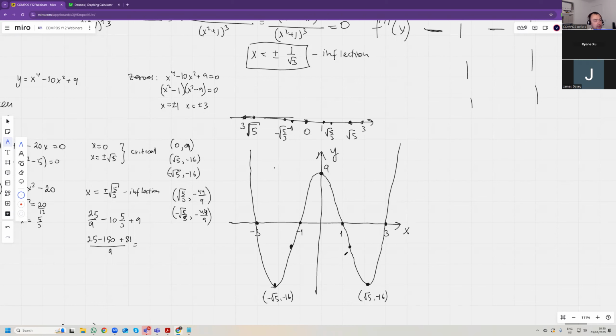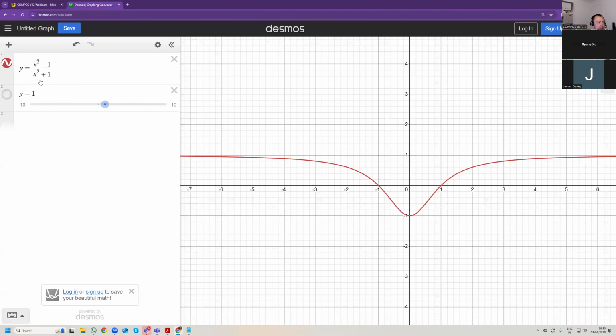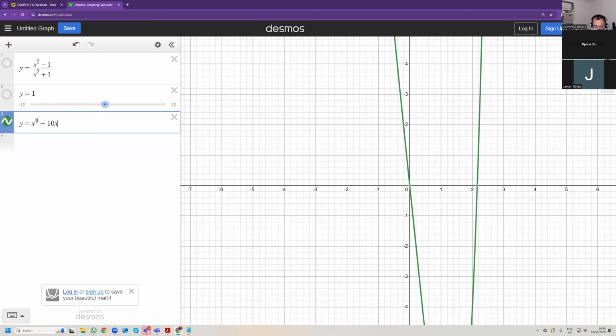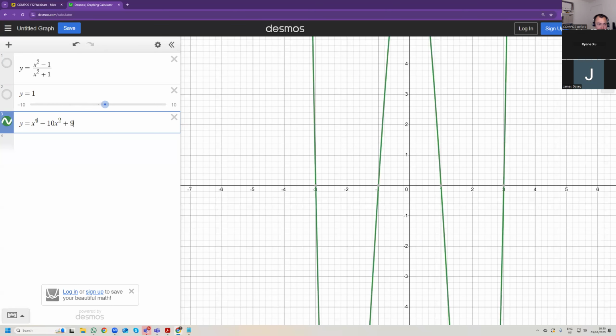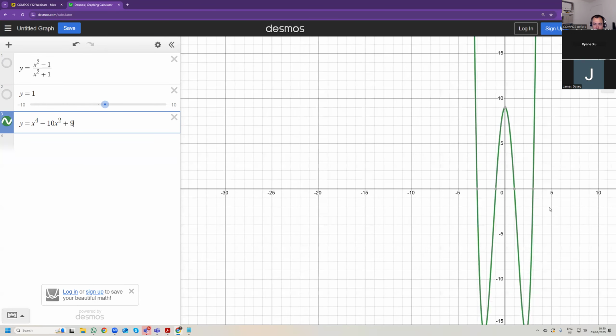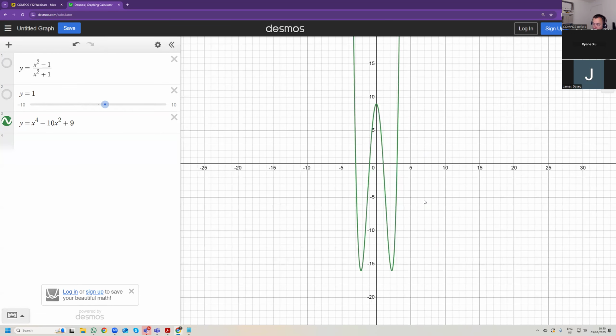Cool. So let's see if y equals x to the power 4 minus 10x squared plus 9. And indeed, it does look like that.